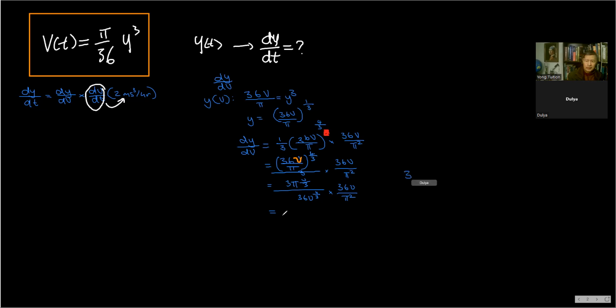Because this is 36. This is V, right? This is V as well. You get a V. Oh. Well, wait. It should still be in the numerator. It should still be on the top.